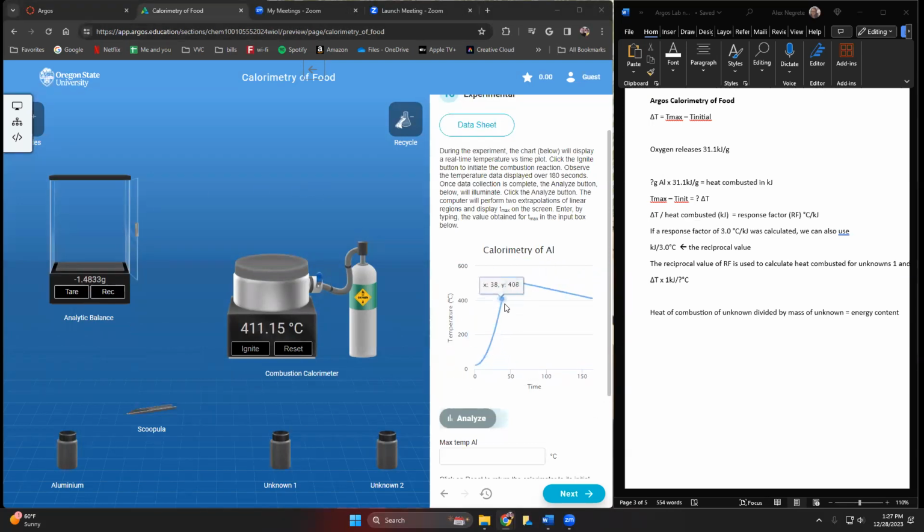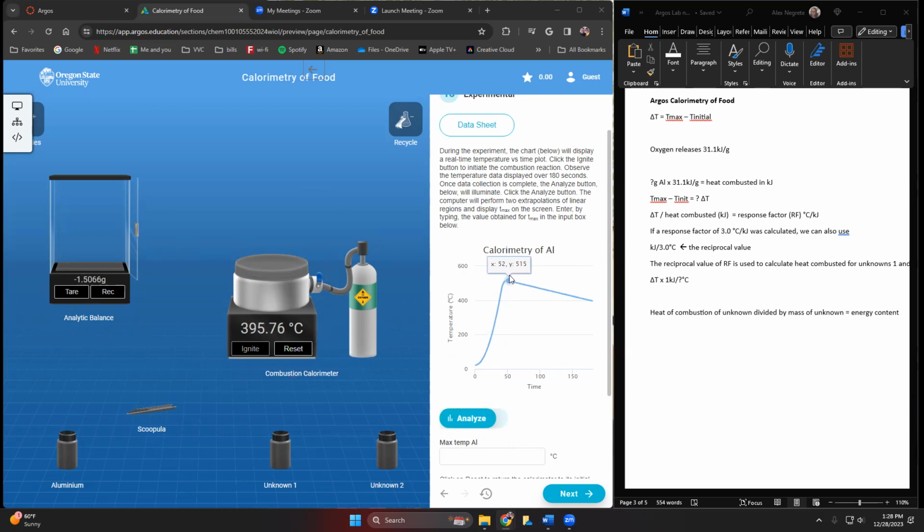So you see how we had this max incline here. The reaction should be almost over. We are getting there. But you'll see the high point. This analyze button is going to turn blue when we're ready to record the max, or input the max temperature. You notice that there's no record button here, so we have to manually put that value in.